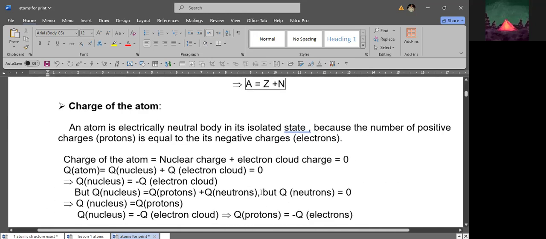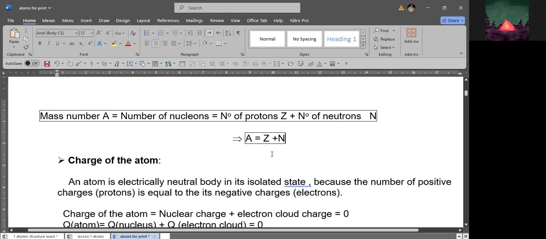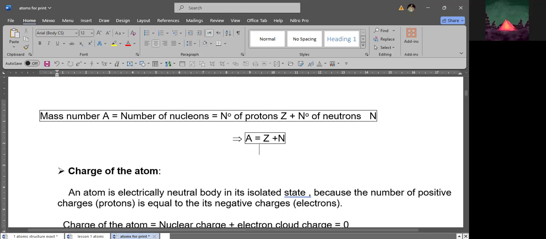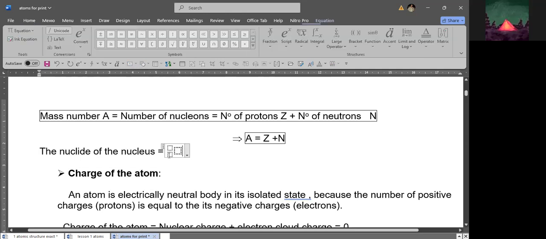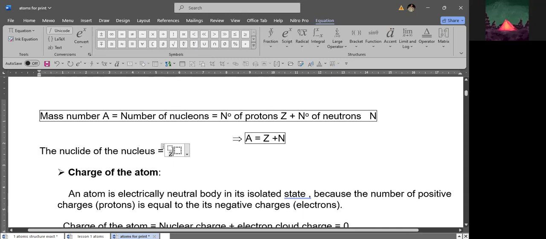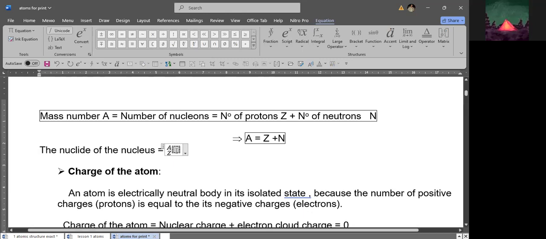Okay, before starting with the charge of the atom, we have to know the nuclide of the nucleus, which is written as ZAX.